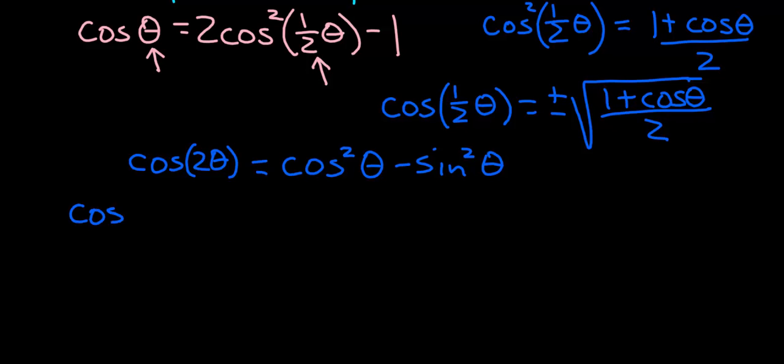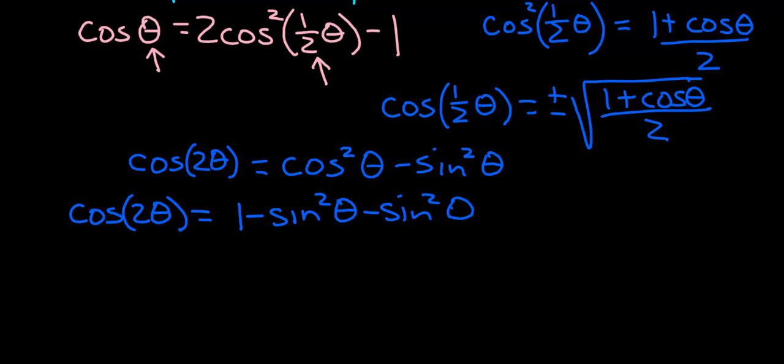So I've got cosine 2 theta equals 1 minus sine squared theta minus sine squared theta. Okay, there we have it. Now, this is going to be 1 minus 2 sine squared theta.